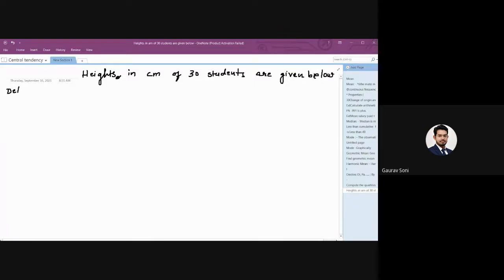Determine the quartiles. 171, 145, 153, 162, 145, 172, 159, 168. Then 148, 171, 158, 151, 154.